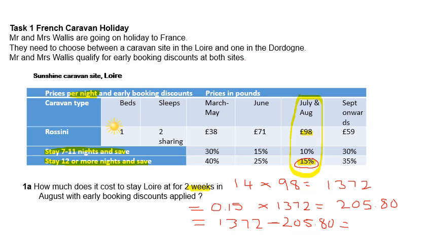The final answer that the Wallaces are paying for the Loire caravan site is £1,166.20. Okay, and always a good idea to put pound signs in answers, especially final type answers. Okay, so that's how much it costs for the Wallaces to stay in Loire.